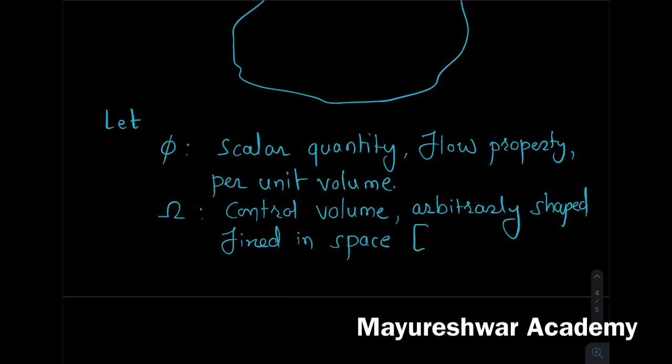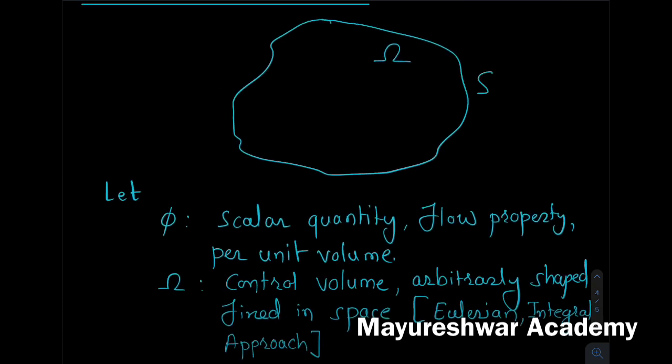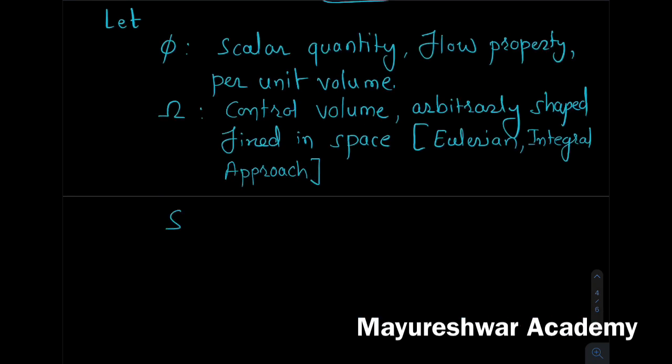So what we are actually trying to model is something called the Eulerian frame of reference from physics, and the integral approach for modeling mathematical equations from mathematics. So this is the Eulerian integral approach. Okay, let S, capital S, be the closed surface, which can be called the control surface.